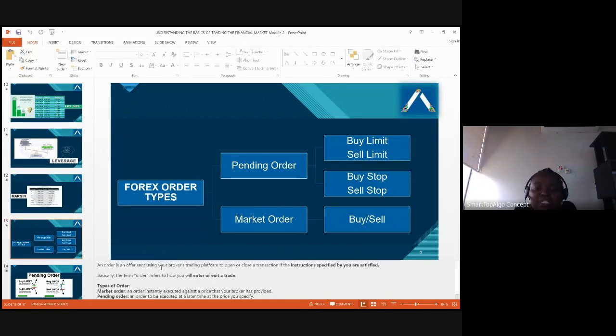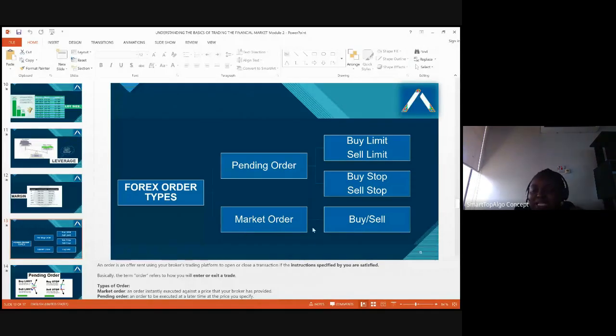Now the order is basically divided into two. We have the market order and we have the pending order. A market order means that you want to enter the trade instantly, at the moment. But a pending order is an instruction that I want to place this trade at a particular time.